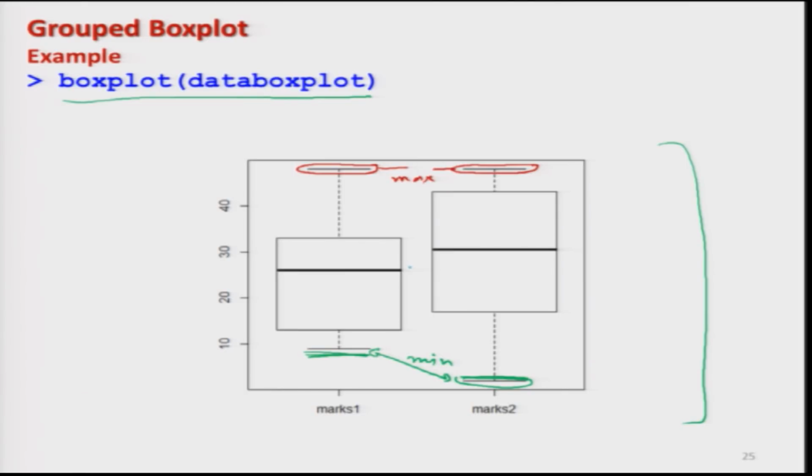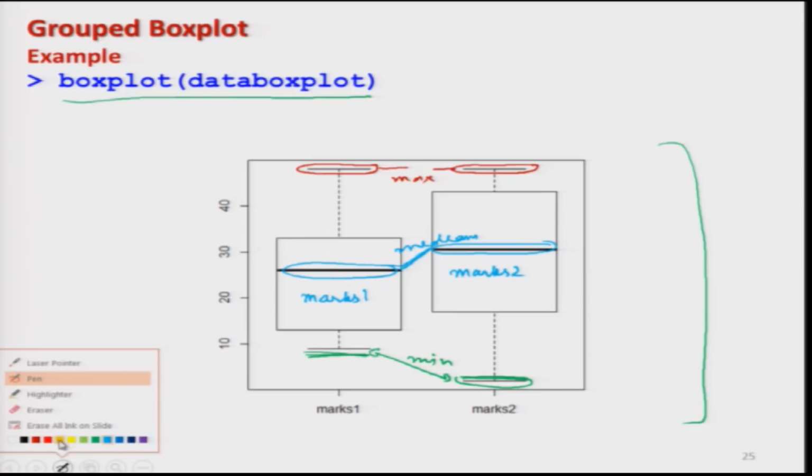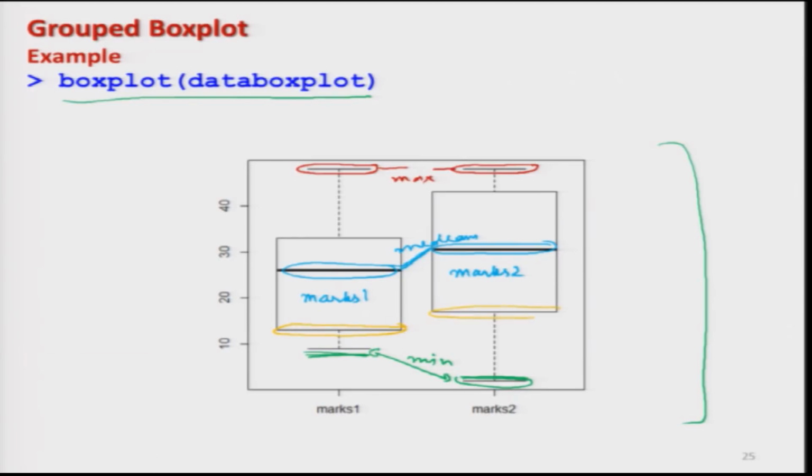Similarly, if you look at the middle value, these give you the idea of the medians. By looking at these values, you can see that the median in the marks 2 case is higher than the median in the case of marks 1. Similarly, if you compare this orange color part, this will give you the idea of the first quartile.